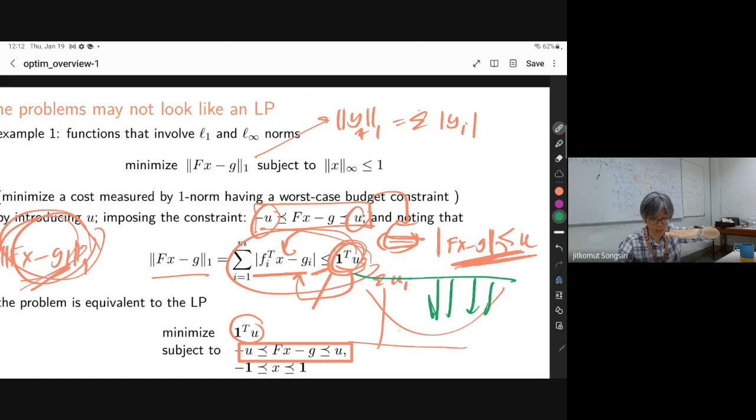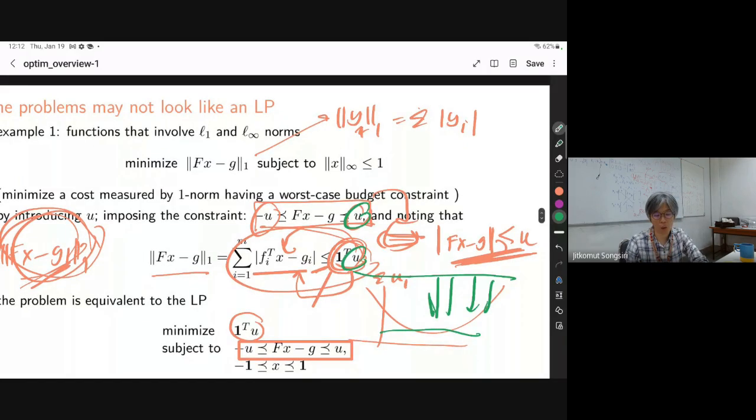Eventually, if it's possible, you end up at the minimum. Which means you have introduced one additional variable u. u serves as an upper bound of the absolute value of this vector, and your cost objective, which is the one norm, can now be expressed as a linear function in u.